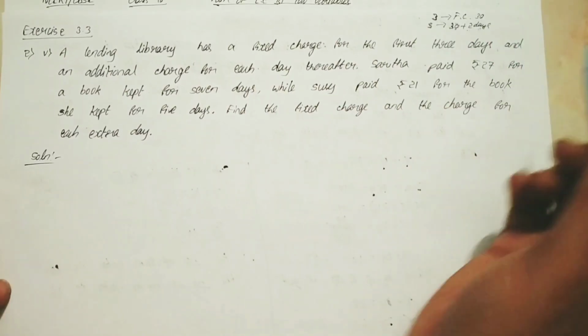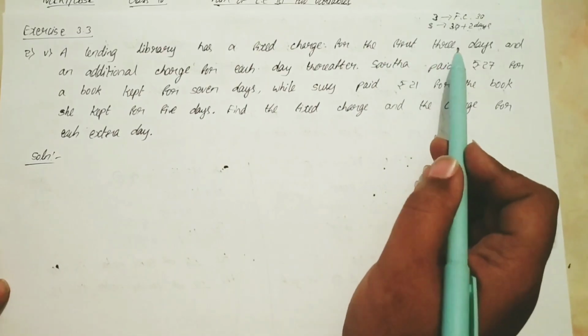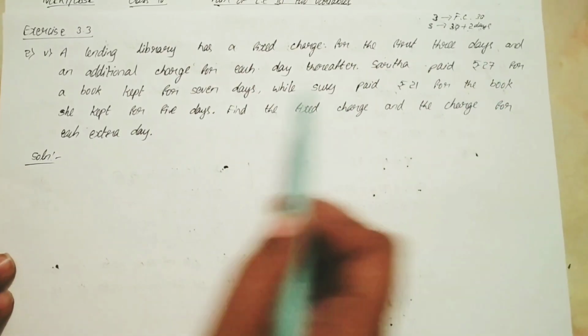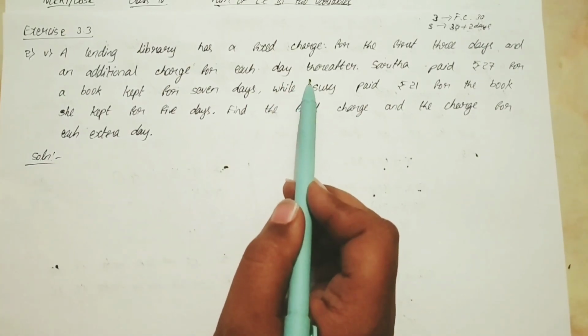Like that, in a library there is a fixed charge for the first 3 days, and additional charges you have to pay for the number of days beyond 3 that you keep the book.